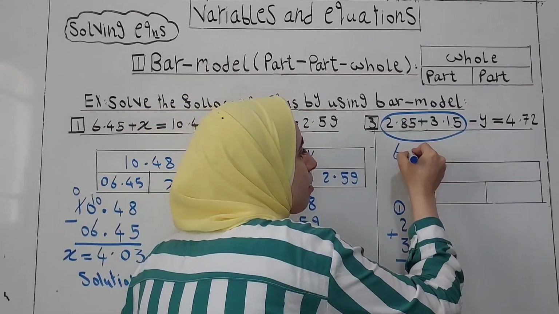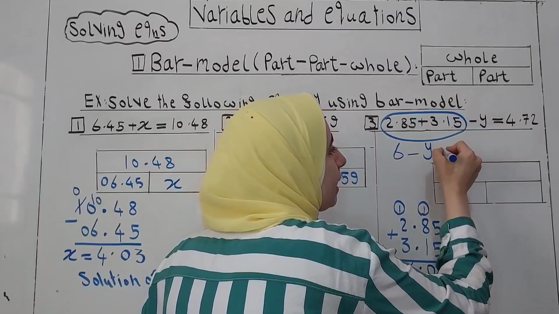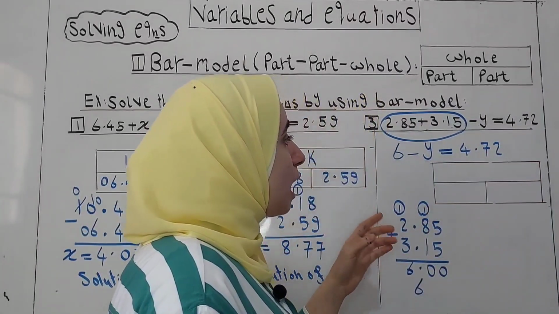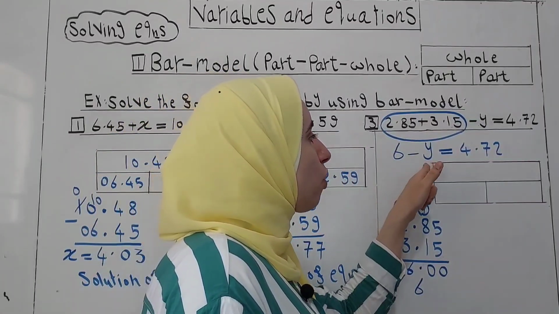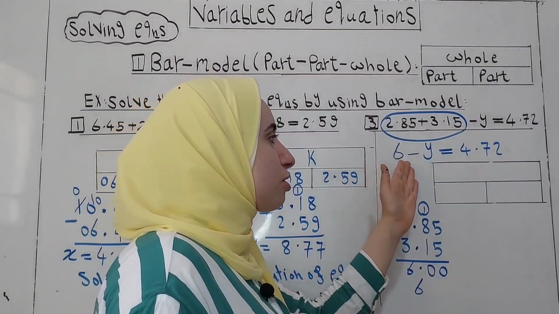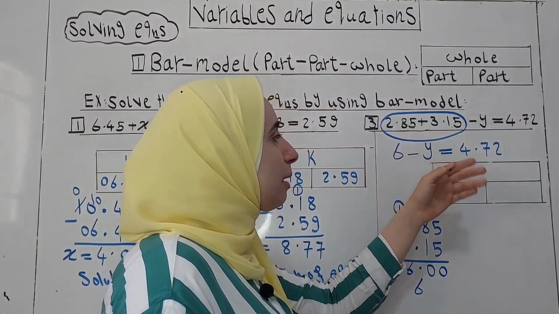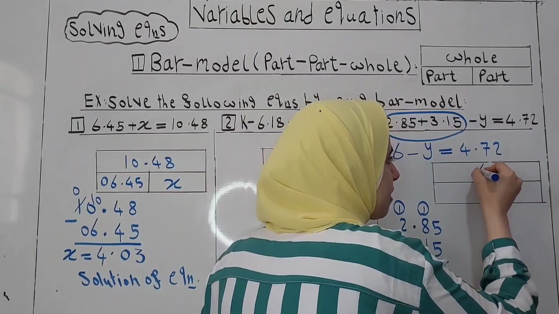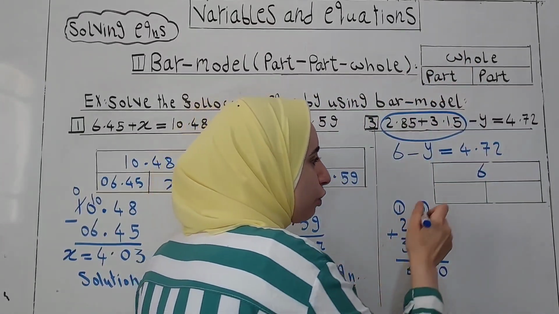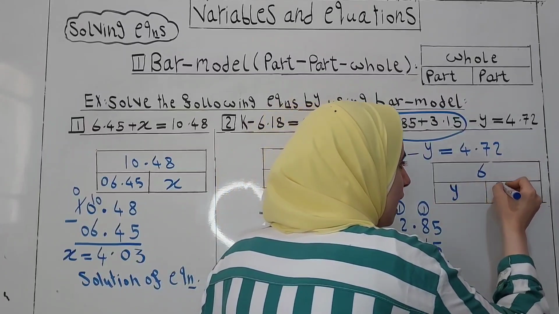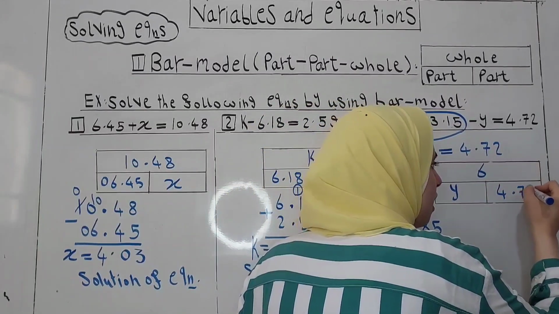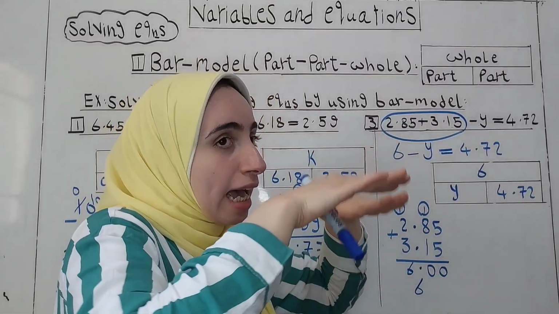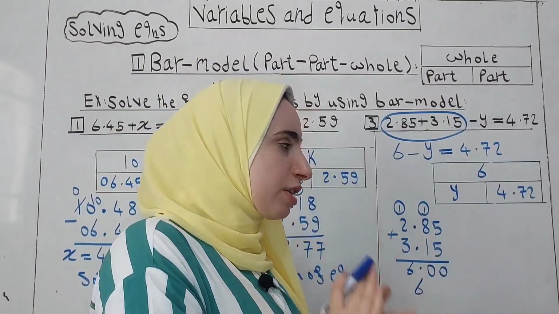Now 6 minus y equals 4.72. Now we need to solve for y. The operation is subtraction. So the whole number is the minuend. So we put 6 at the top and we put 4.72 at the bottom. Now the variable y is at the bottom, so we make a subtraction.